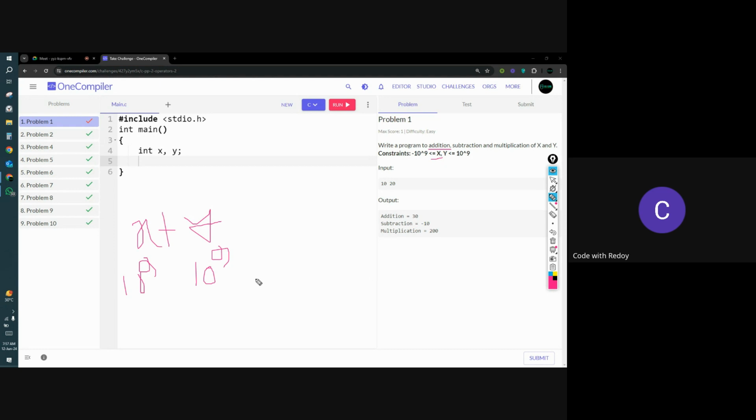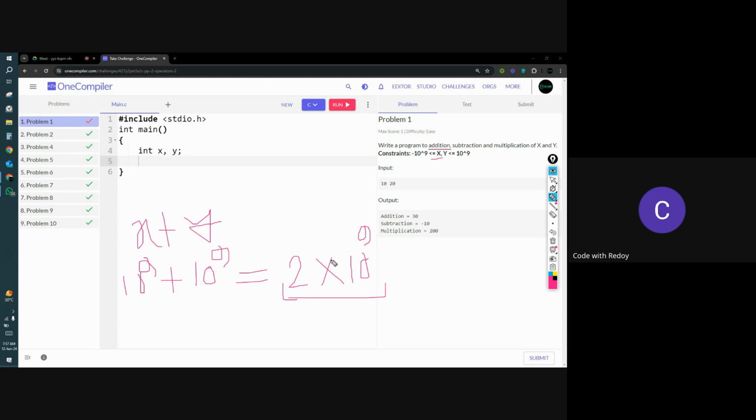So 10 to the power 9 plus 10 to the power 9. That means the result will be 2 into 10 to the power 9, right? From the previous class. So 2 into 10 to the power 9 is the result for the addition.